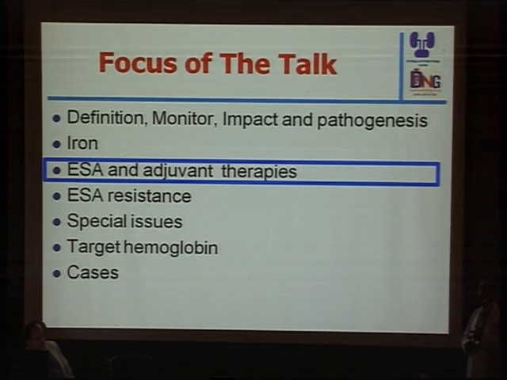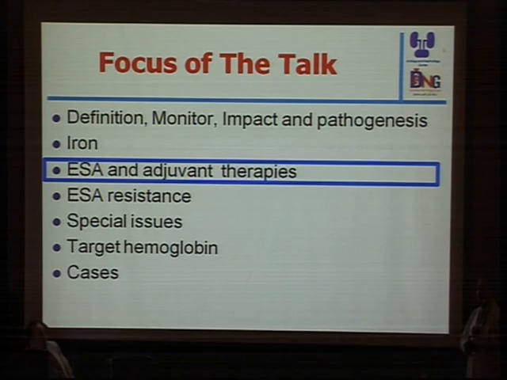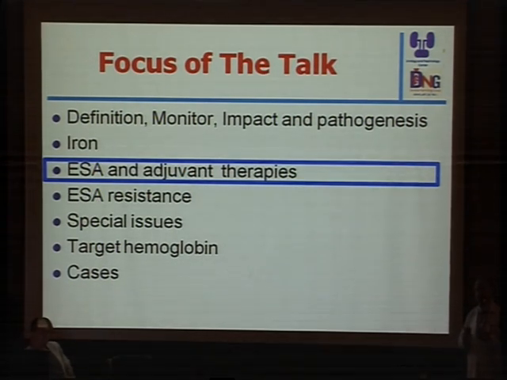We should combat blood transfusion, so we should start with iron and then the ESA therapy. Before giving iron, we should be sure that the patient needs iron, because if the patient has iron overload, no need for parenteral iron. If there is iron deficiency, I correct the deficiency.